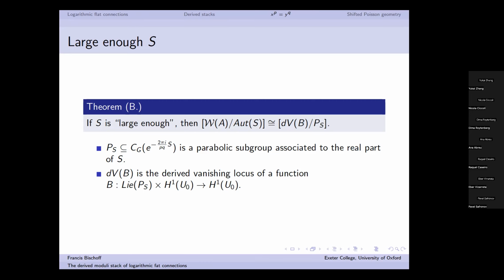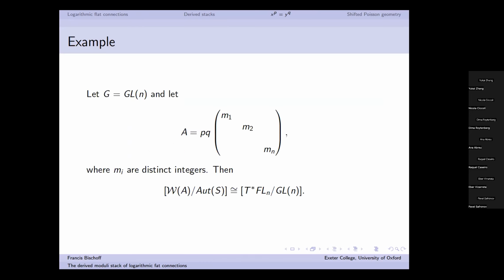So here's an example of one of these things. If the group is GLN and the matrix A is given by this, then this derived moduli stack is actually equivalent to just an ordinary stack, nothing derived. It's the quotient of the cotangent bundle of the flag variety by GLN.